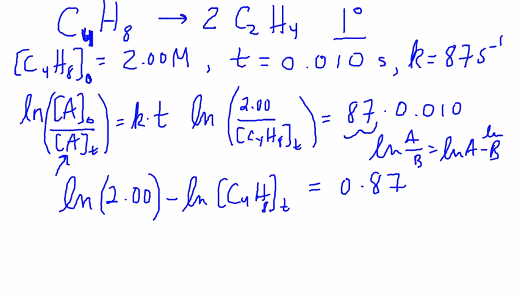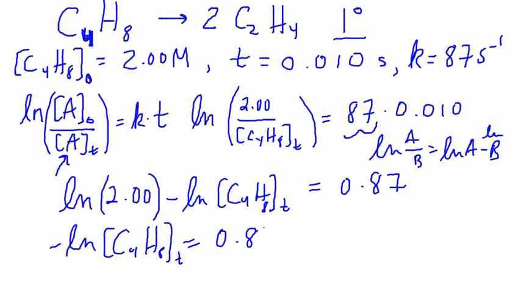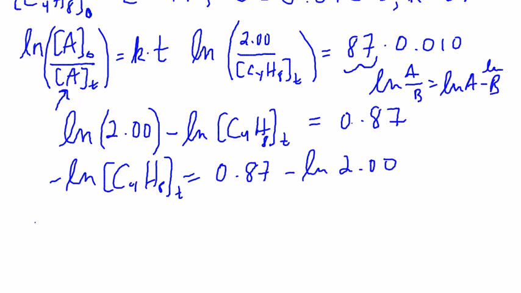We've separated this out, which means that minus the natural log of C4H8 at time t is equal to 0.87 minus ln of 2.0. Let's bring the negative sign over.